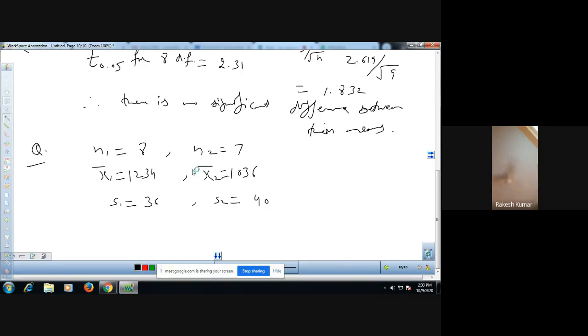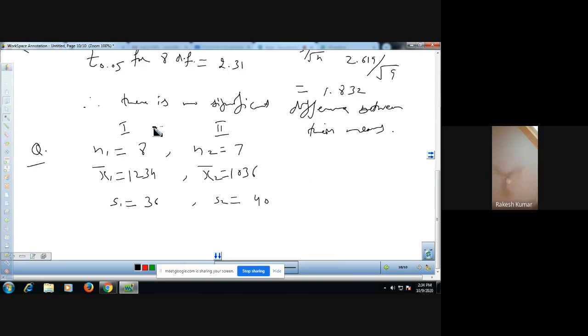This is sample number 1 and this is sample number 2. Obviously, these have been taken from a population, but the question is different. They are asking whether the difference in the means is significant, to decide that type 1 is superior to type 2 regarding their length of life.